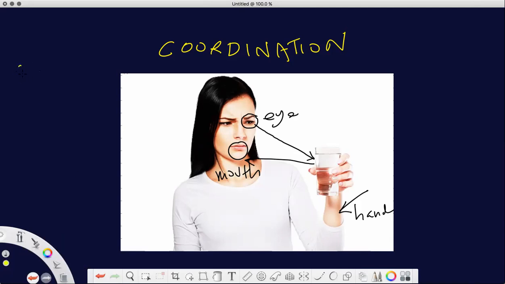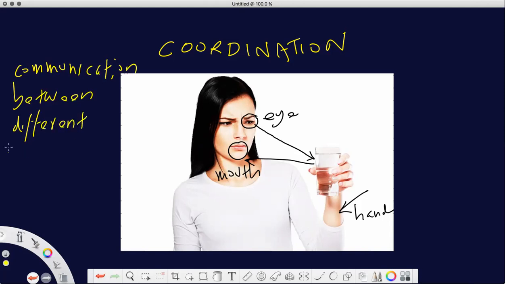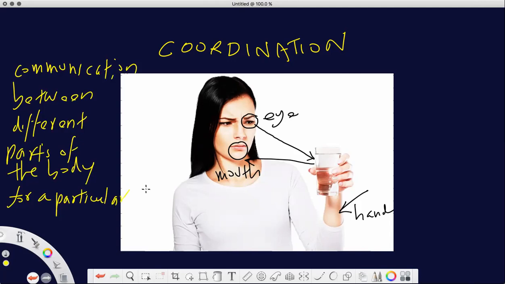So it's a sort of communication. So what is the communication between different parts of the body? Here, eye, mouth and hand. Now, why is it required to communicate between different parts of the body? For a particular function.